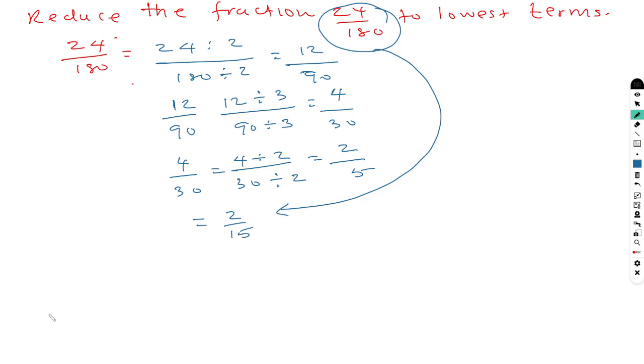For somebody who knows division well, you could say 24 over 180 is divided by 12, which gives 2 over 15. Easy like that. Okay, awesome.